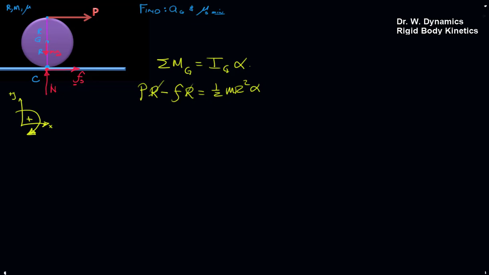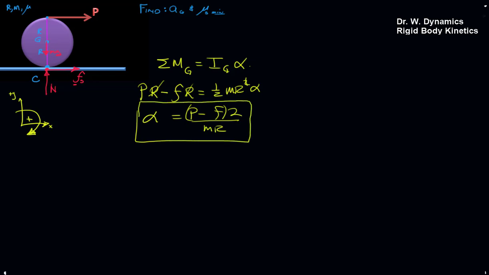Here some of the r's go, and we get alpha is P minus F times 2 over mr. So that equation is handy. The downside is it has both of our variables in it, and that can take a little bit of extra work. Let's see what the other equation might have looked like.